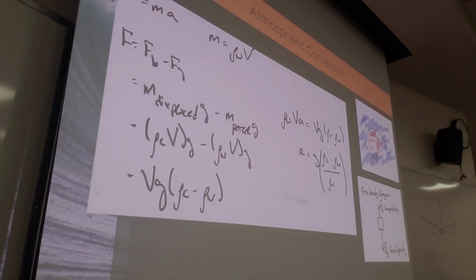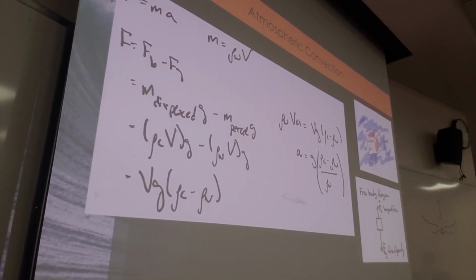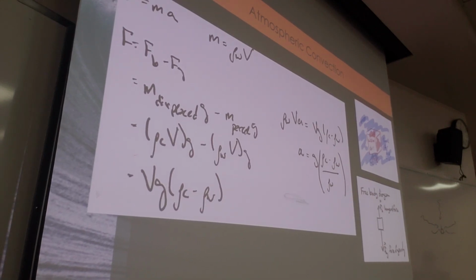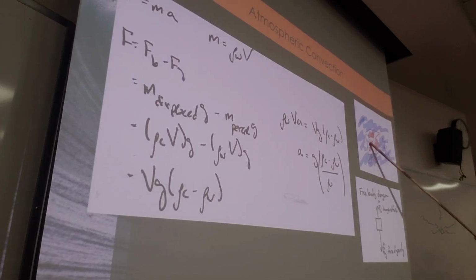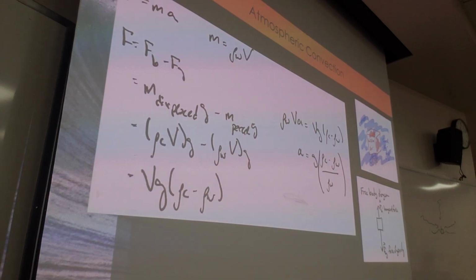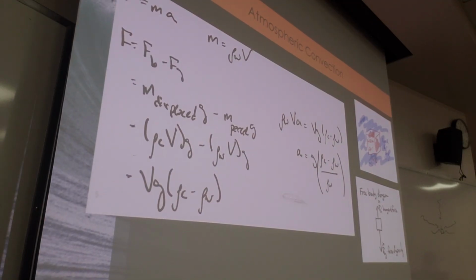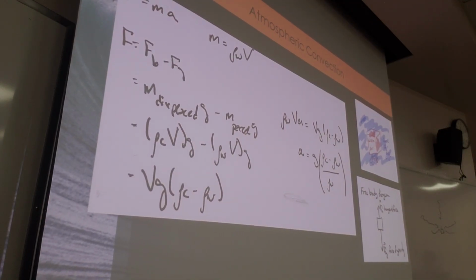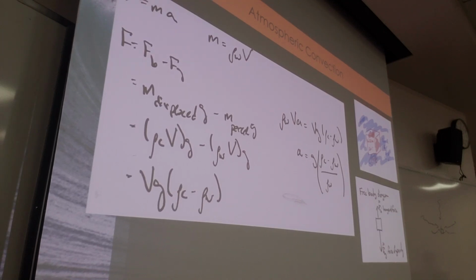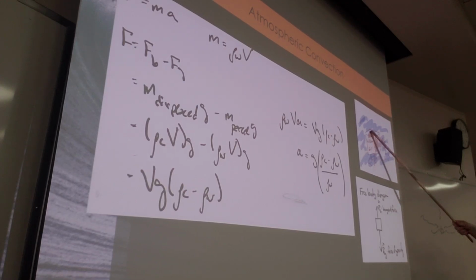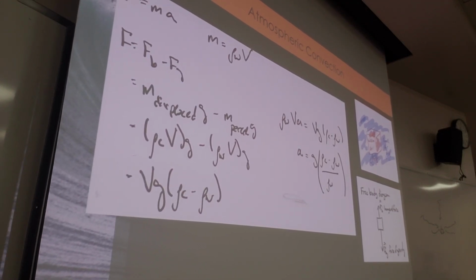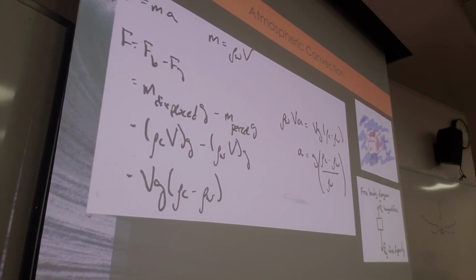Now, it's of course true that if that warm air parcel starts to move, then it's going to push away the air around it, and it will cause some circulation of not just this warm air, but also the air around it. And so if you really want to know exactly how the whole system is going to move, not just the parcel we're interested in, but everything, you have to go a step beyond free body diagrams and thinking about this as a box of air, and you have to solve what are called the fluid mechanics equations, where you don't just track one parcel of air, but you track them all simultaneously and how they interact.